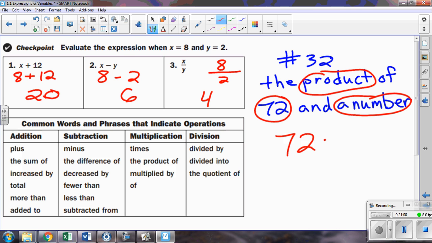And since it's a number and we don't know which one it is, that's exactly why we use variables. We'll make up a letter for it. So make one up. What letter do you want to use for this number we don't know? A. A? That's fine. We can use 72 times A and we're done. A number is telling us an unknown number. And unknown numbers are the variables. We're finished.